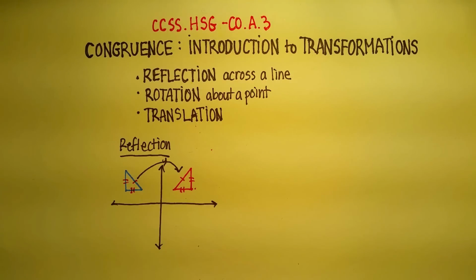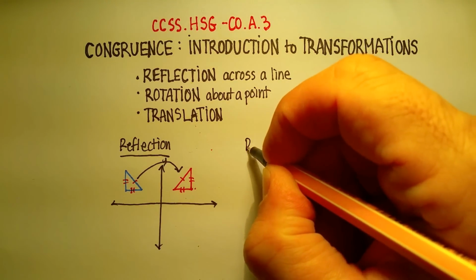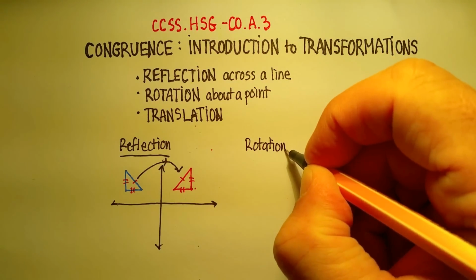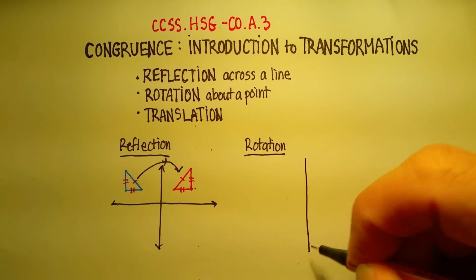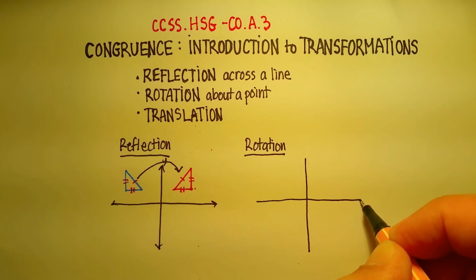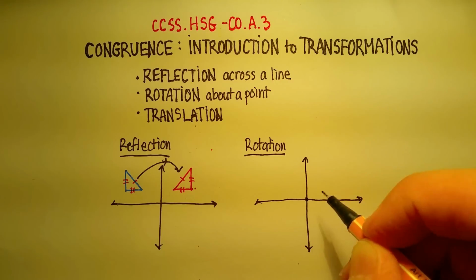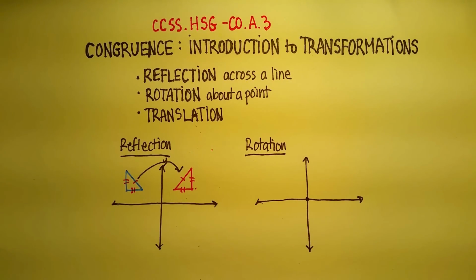Now let's talk about a rotation. Again, let's go ahead and draw our XY axis. Rotation. All right, so here's my XY axis again. Okay, and let's just choose that point. All right, and let me go ahead and again use blue. Oh, something I did forget to mention. I'm sorry. I should probably do this again.